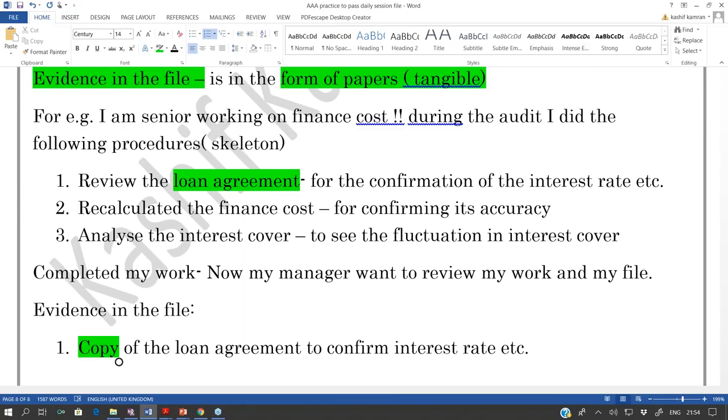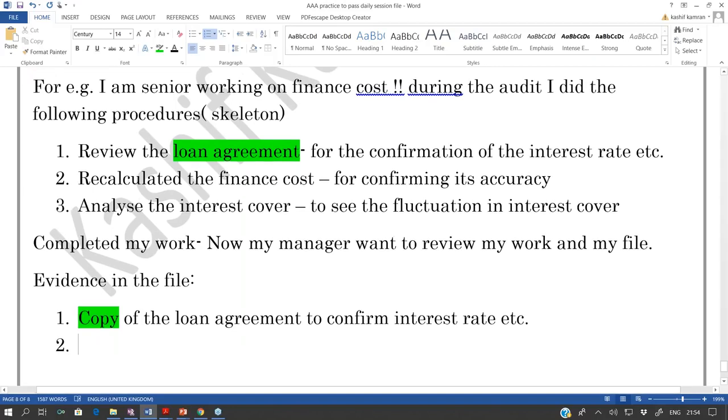Okay, then I recalculated the finance cost. Now, if I have recalculated the finance cost, I must have made my working paper for recalculation, right? That working paper of recalculation will be in my file. When my manager sees the file, the manager will see results of recalculation, results of the recalculation of the finance cost.